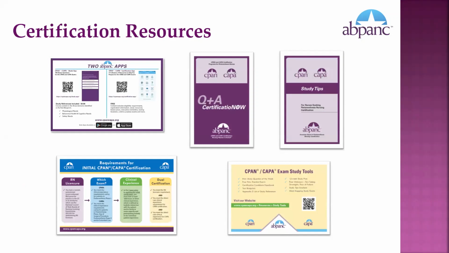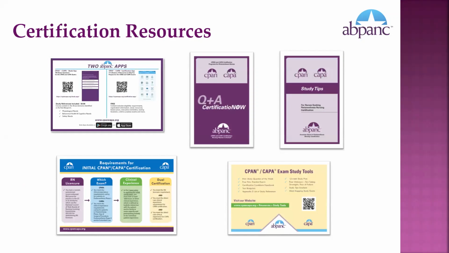The other app is a $10 app, our CPN CAPA study question app. People who purchase this app get 100 study questions. There are 50 CPN and 50 CAPA questions, and they're able to take those repeatedly, they don't go away. They can practice those as many times as they like.